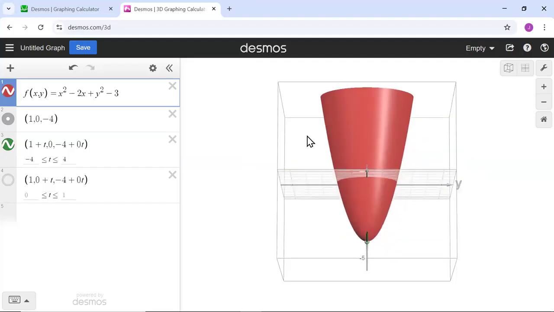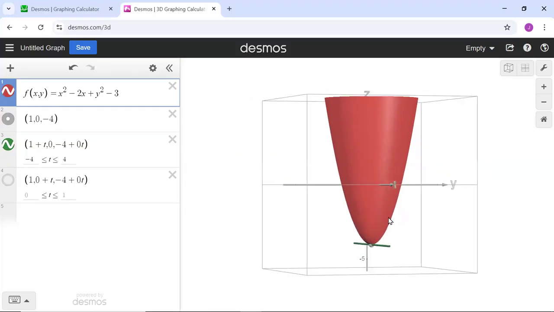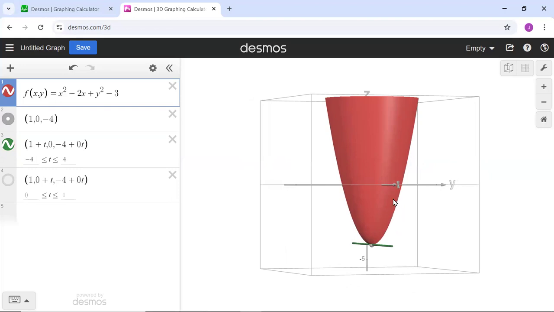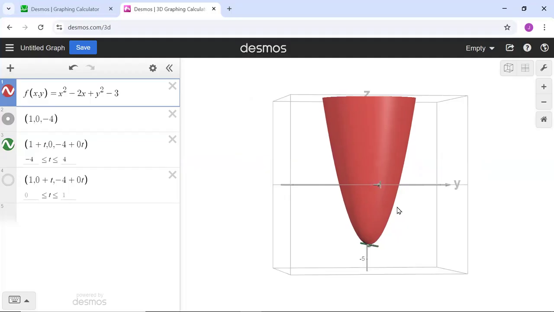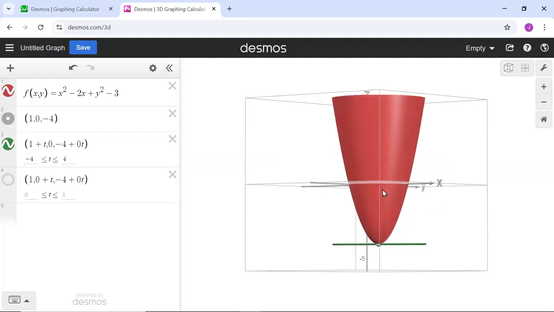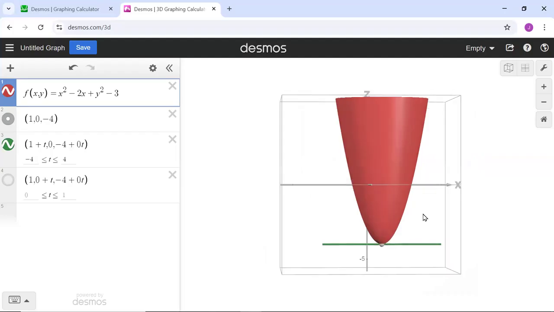In this case, it is parallel to the x-axis. In fact, it's in line with the x-axis too via the z-axis. So that's what f sub x equals 0 means: the slope of the tangent line in the x direction is 0.